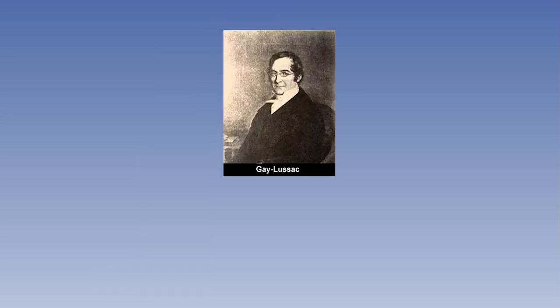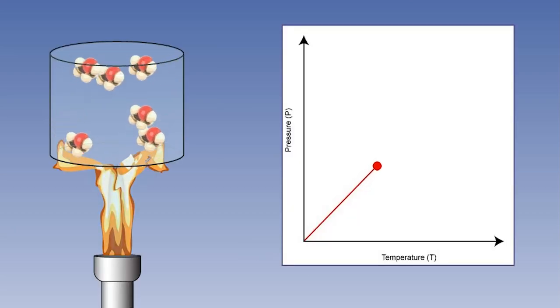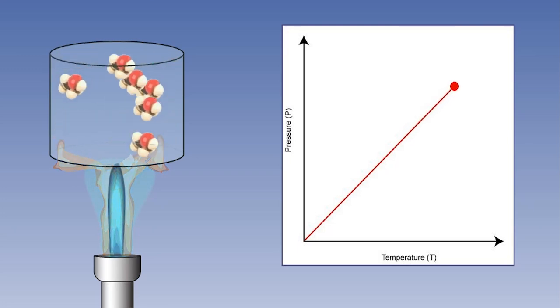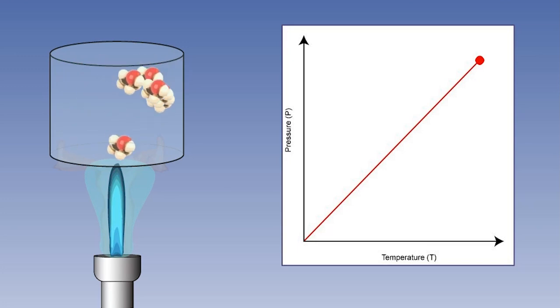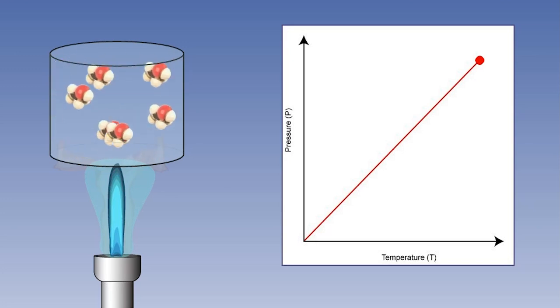Closely related to Charles's law is the law of his colleague, Gay-Lussac. He discovered that if the volume, V, of a gas is constant, K, then there is a direct relationship between pressure, P, and temperature, T. For example, if the temperature in a container is increased, the pressure increases, because the gas molecules move faster.